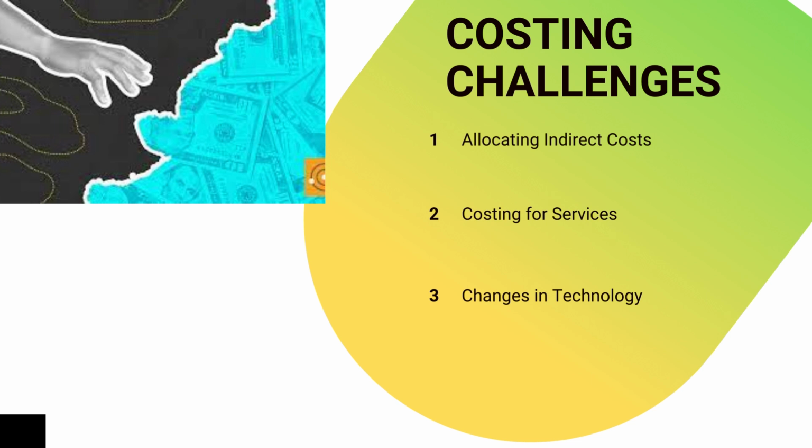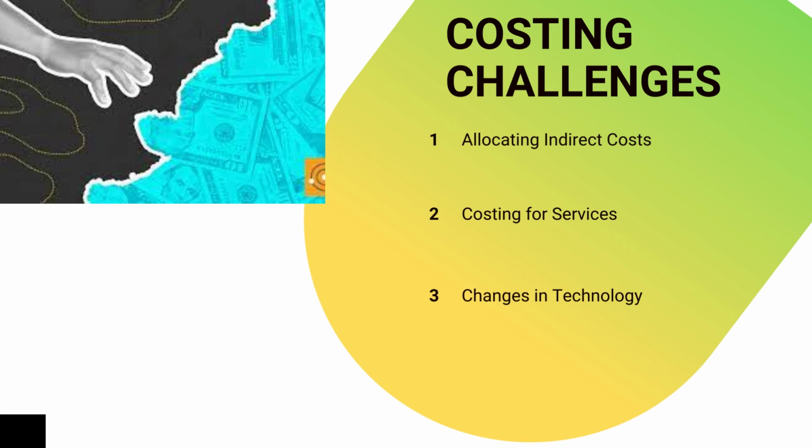And then also, costing for services. Costing for service-based industries can be so challenging due to intangible aspects. Like you're not dealing with direct raw materials. Services may be so hard for you to account for. So this is one of the challenges. If you are in the service-based industry, then you can have a challenge to do your costing properly.